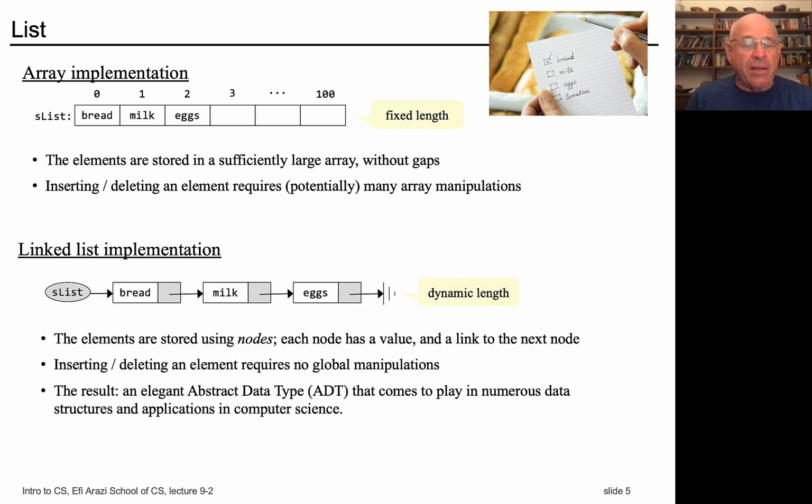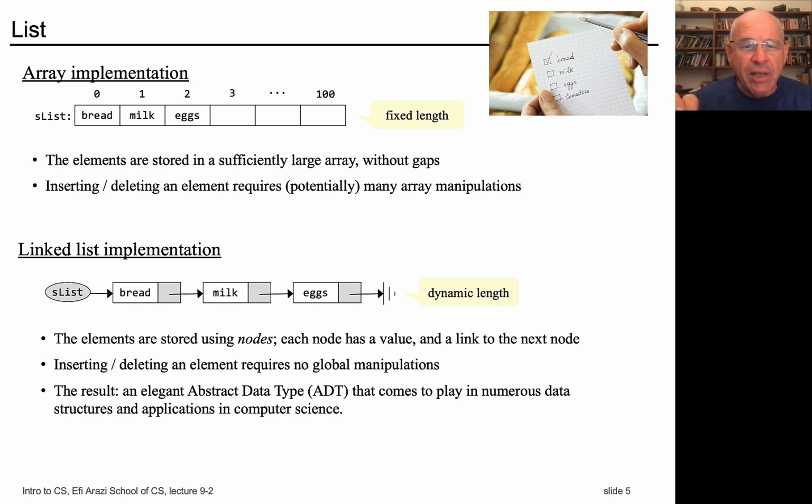On the other hand, I can use a linked list implementation, as we see here. And here, the list consists of what we call in English nodes, or in Hebrew, tzmatim. Every one of these nodes has a value, like bread, milk, eggs, and it also has a pointer to the next node in the list.